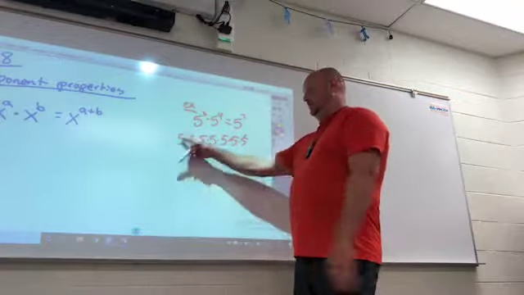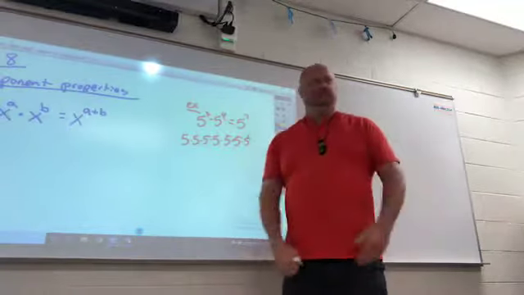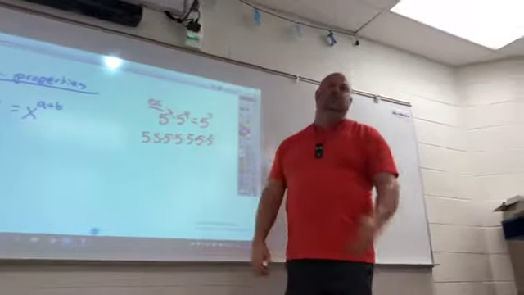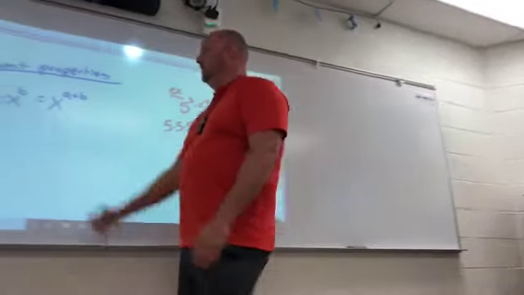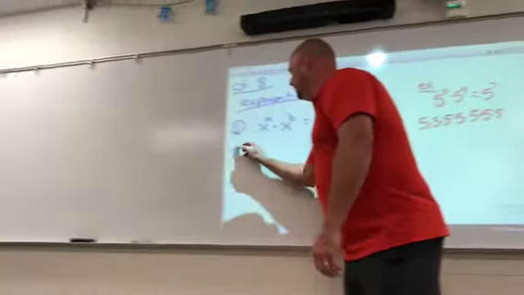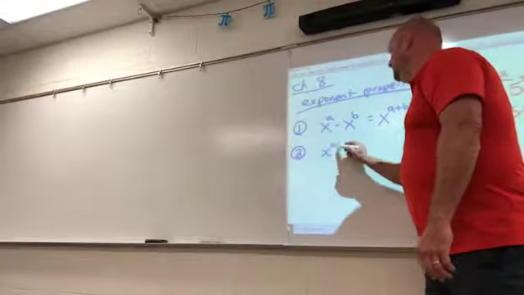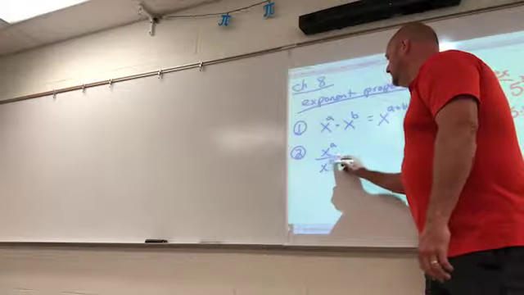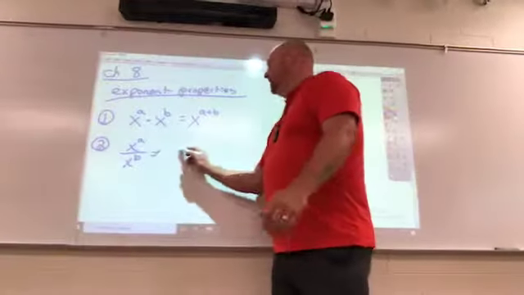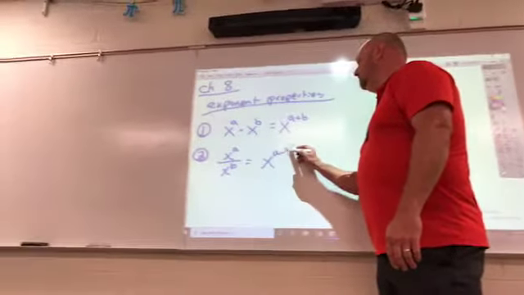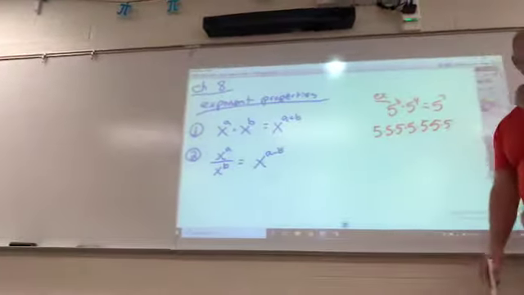Don't you really just have seven 5s there, and 5 to the 7th? So that's why that property works. For division, you subtract, so that's x to the a minus b. Make sense?